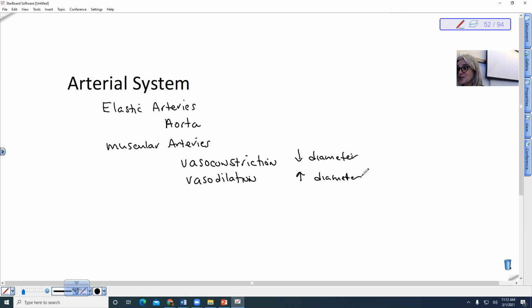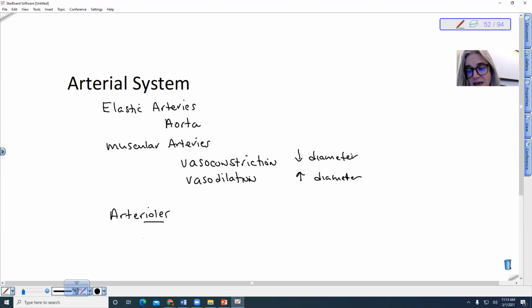Now, blood vessels branch into smaller and smaller vessels until we finally get to the arterioles. So notice this word, arterioles, is just a small artery, the smallest arteries that we have. And in the arterioles, we have a lot of resistance to flow. And so the blood will start to slow down as it hits the arterioles and spread out.